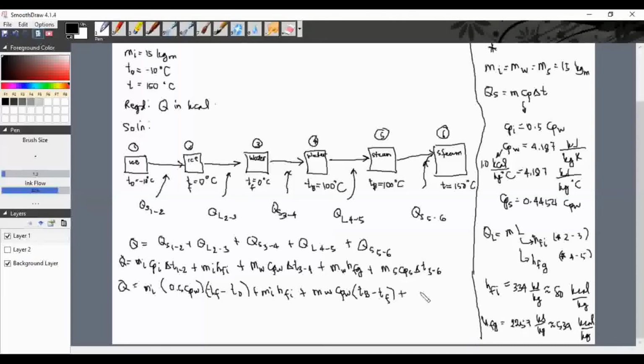Plus mass ng water, latent heat of vaporization, plus mass ng steam. Cp ng steam is 0.4454 Cp ng water times final temperature T minus initial temperature T sub B sa condition 5 to 6. Okay?